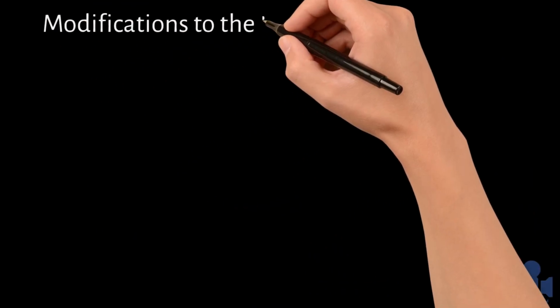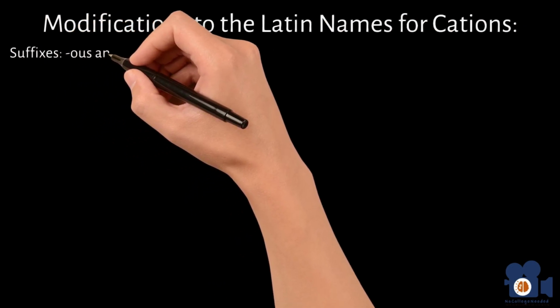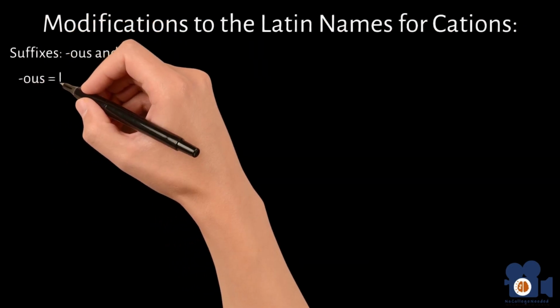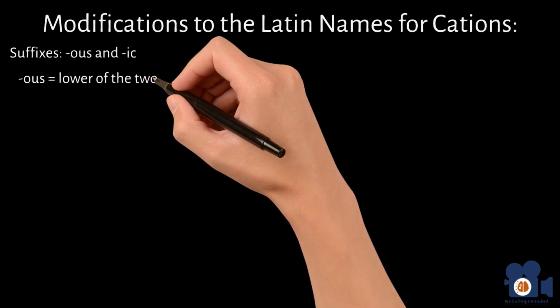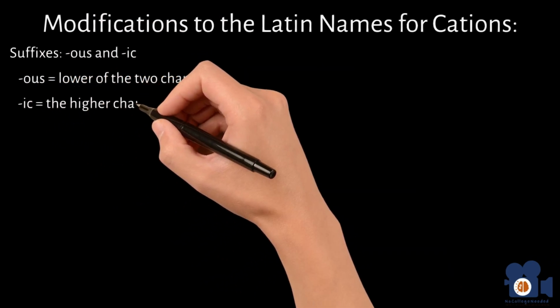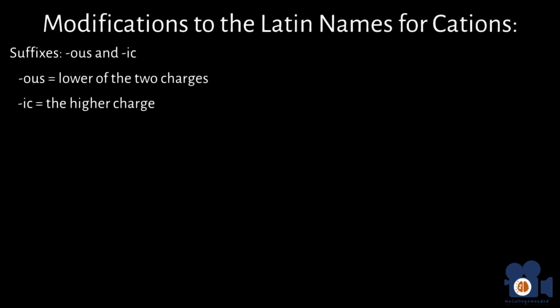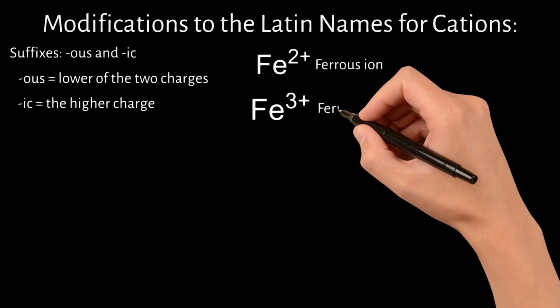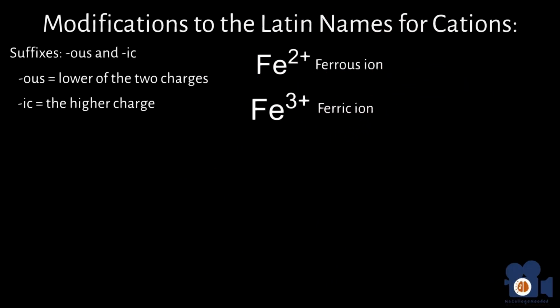In some instances, the Latin name of elements are modified with the suffixes OUS and IC. The OUS suffix denotes the lower of the two charges, while the IC suffix represents the higher charge. For instance, Fe2+ is referred to as the ferrous ion, and Fe3+ is called the ferric ion.